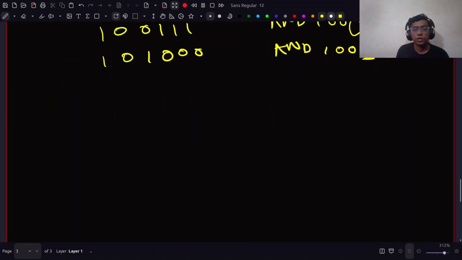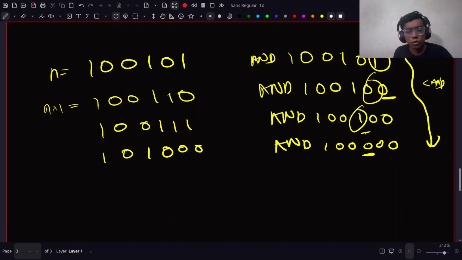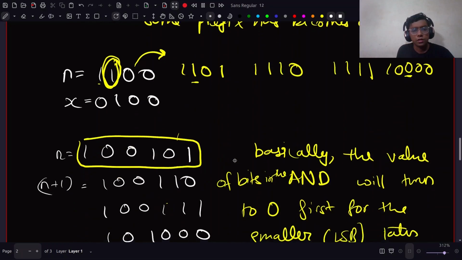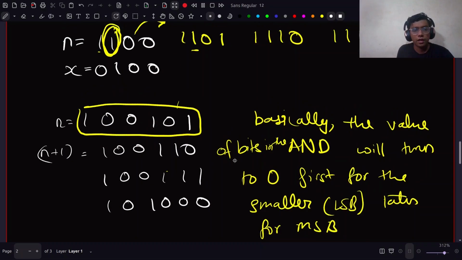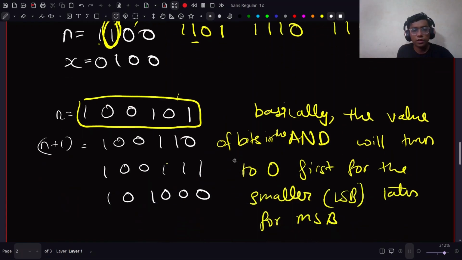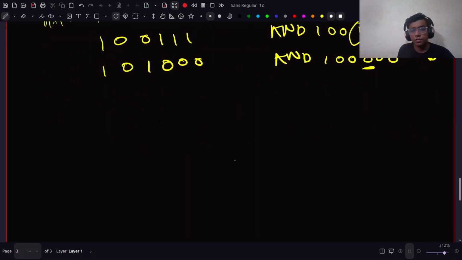So one more thing we can ensure is that the target value x has to be equal to our value n, except some prefix of it is turned into zeros.